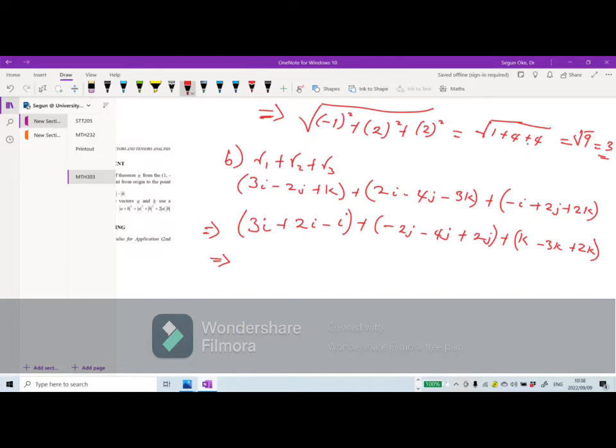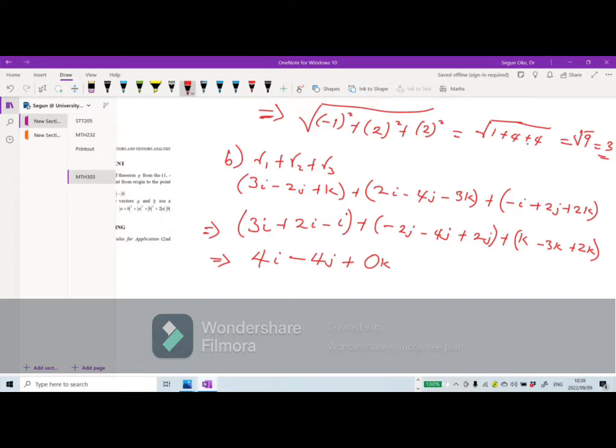So add all the i together. If you add all the i together, what are you going to have? 4i. Plus, when you add everything together here, what do you have? Minus 4. Yes, minus 4j. Then when you add the other one together, what do you have? You have 0k.